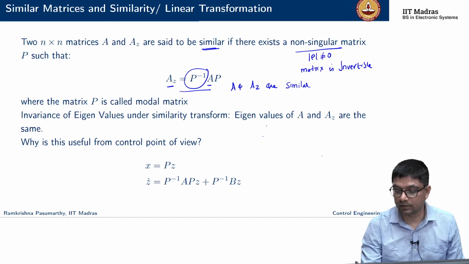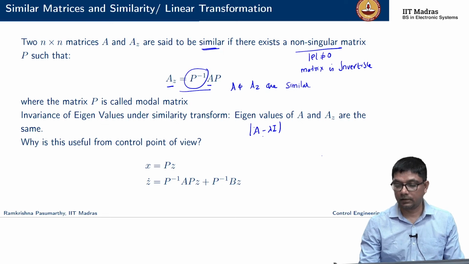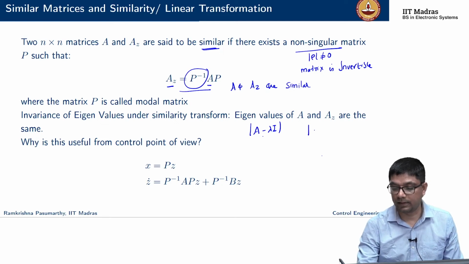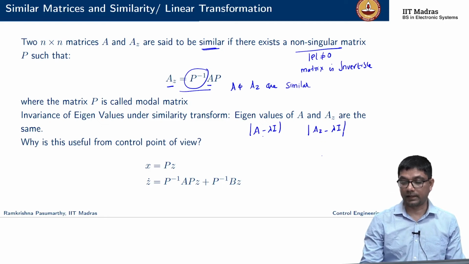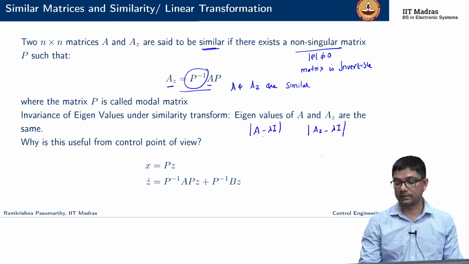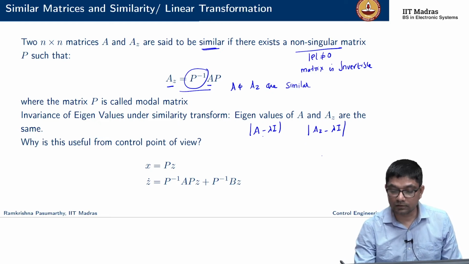I'll just say, I have the determinant of A minus lambda I, and on the right hand side I have the determinant of AZ minus lambda I. So eigenvalues are the same, which means the same characteristic equations should hold. So what is AZ?